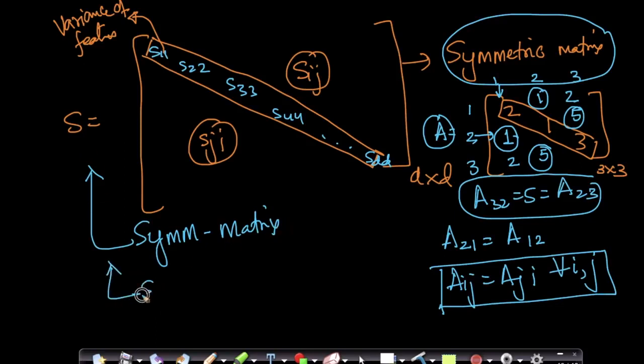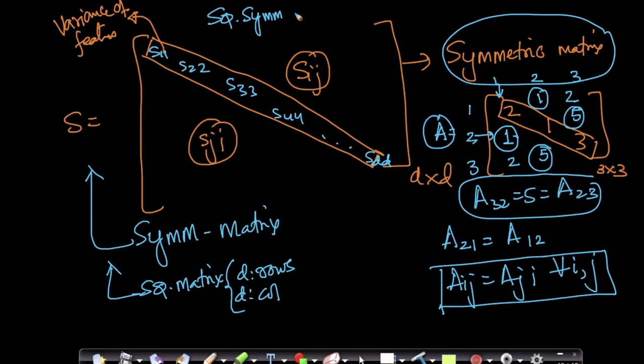It's also a square matrix. Why? Because it has d rows and d columns. Same number of rows and columns is called a square matrix. So your covariance matrix is a square symmetric matrix.